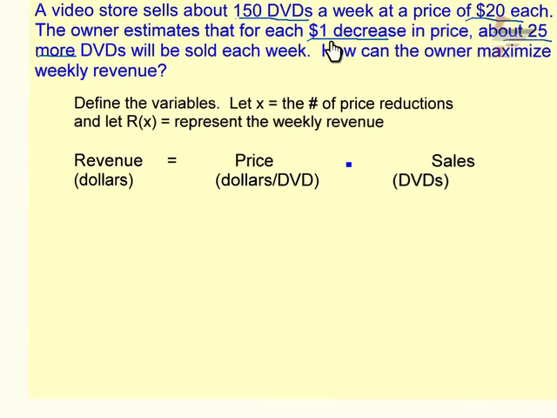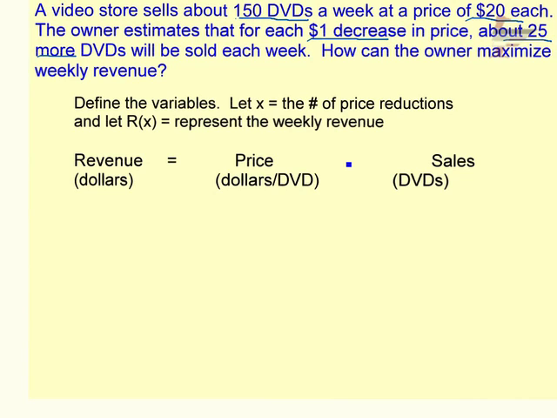However, it's known that if you decrease the price by $1, so let's say you charge $19, then you're going to sell 25 more DVDs. So that means if you charge $19, you're going to sell 175 DVDs, and so on. If you decrease it by another $1, you're charging $18, and then you're going to sell 200 DVDs.